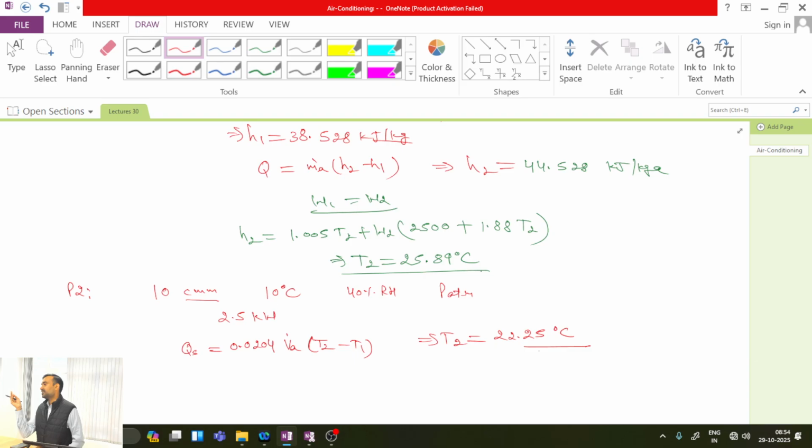So two types of corrections I can apply. Either I can go to the original formula and then use the value of density as per the actual density which we are getting. Or second correction could be that whatever the CMM is given, this CMM is for the current condition. I can convert this CMM from the current condition to the CMM value at the standard condition.